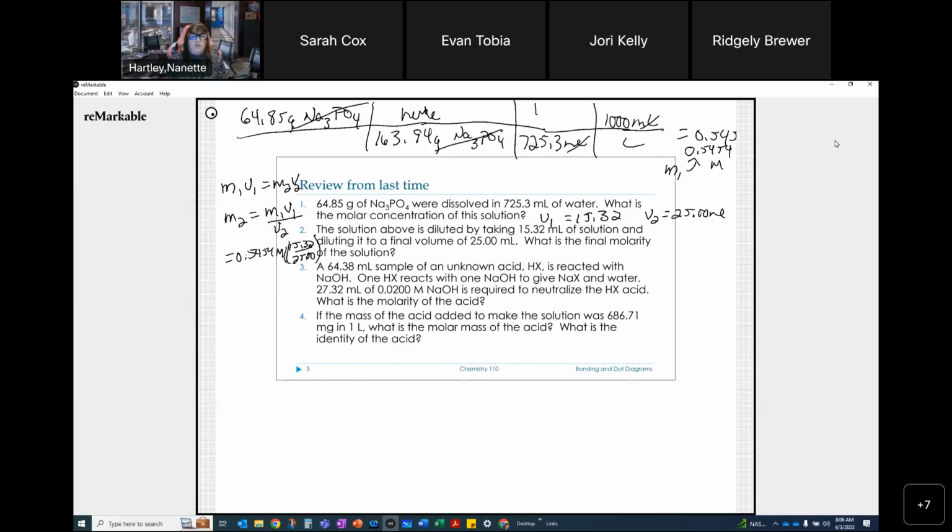And again, since both of those are milliliters, that will cancel, leaving me with an answer in molarity, which is what I'm looking for. And that gives me 0.3342 molar as my final molarity for that. Okay. All right. Questions so far?